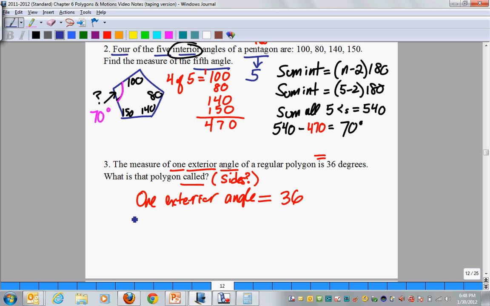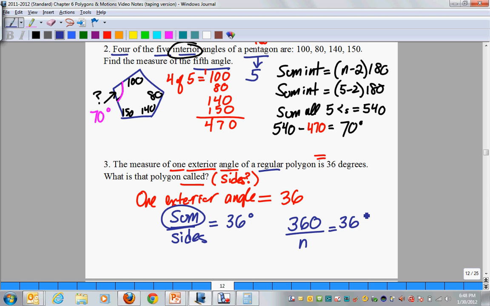So we know that to find a single exterior angle, and it's regular, it is sum over sides equals 36. What is our sides and what is our sum? We know the exterior angles always add up to 360. So we have 360 over an unknown number of sides gives us 36 degrees. So we're going to solve for n here by cross multiplying.